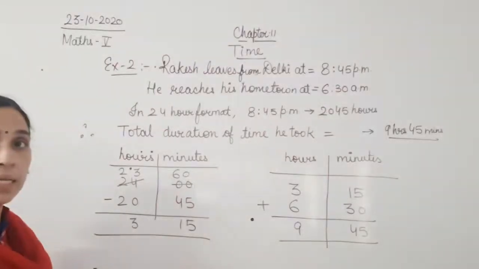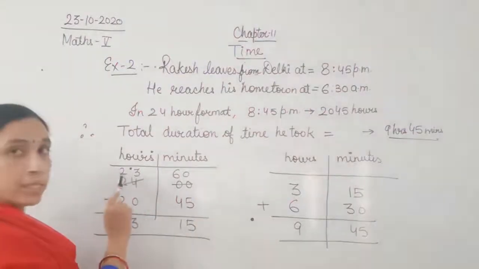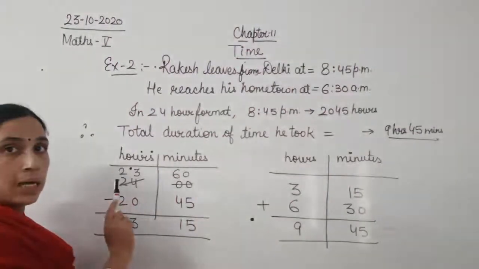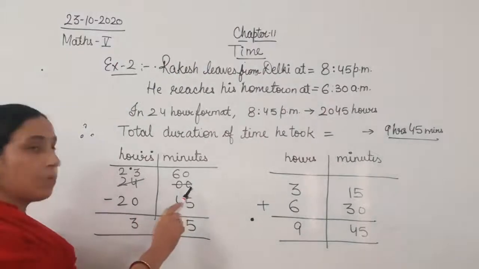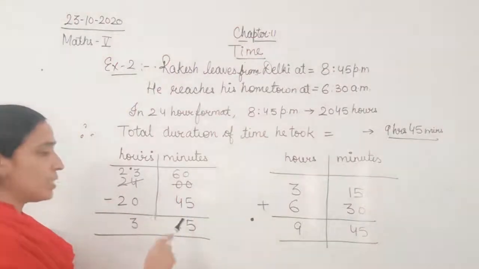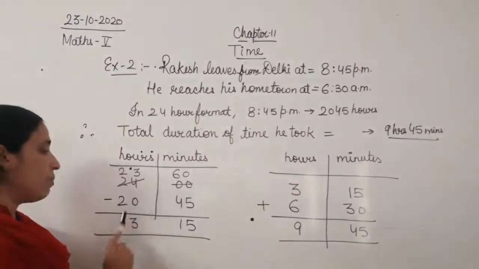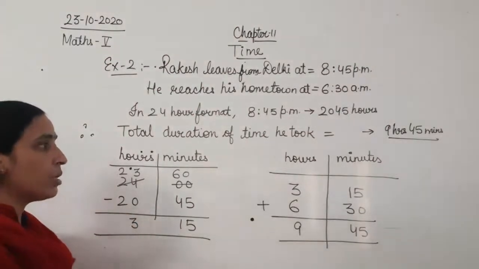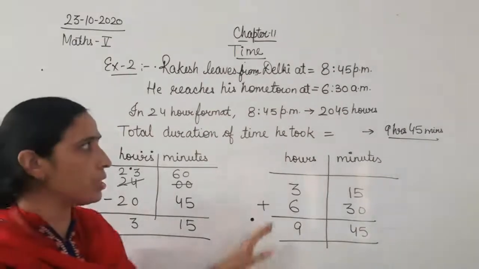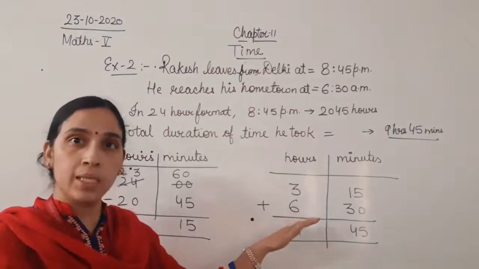How will we get it? From here this will become 23 and 1 hour will be converted into minutes. That will become 60. So 60 minus 45 you will get 15 and here you will be left with 3. So the total time duration of 6 hours 30 minutes it took from the next day.